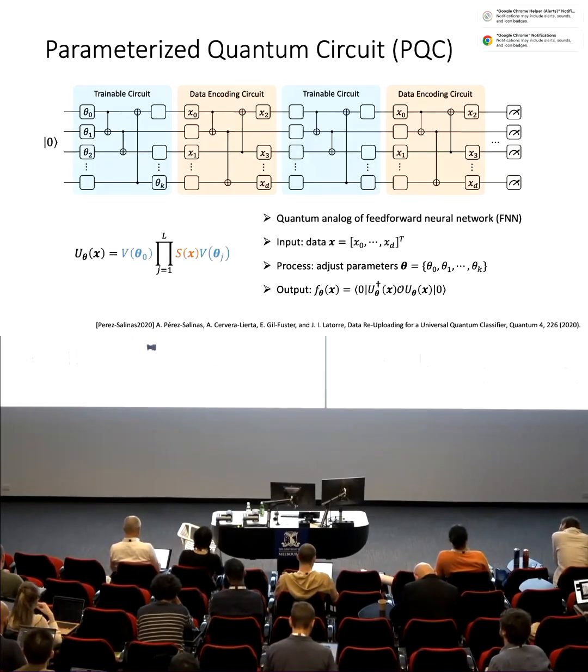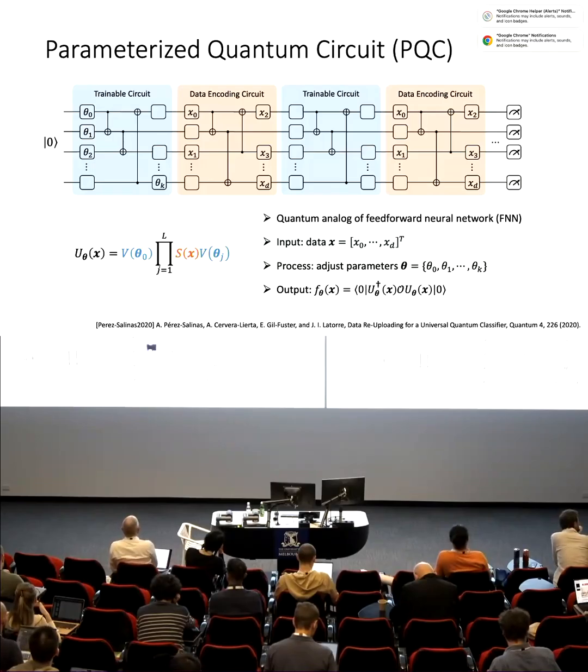Let's next briefly introduce the quantum machine learning model, which is the parametrized quantum circuit, PQC for short. PQC is a quantum analog of the feed-forward neural networks. When we have classical data, say x, we first input the data into the data encoding circuit.